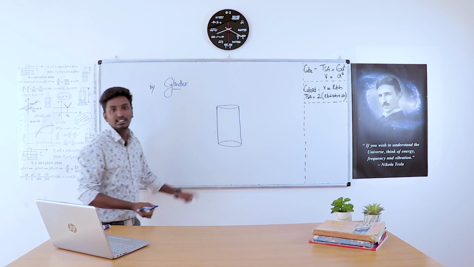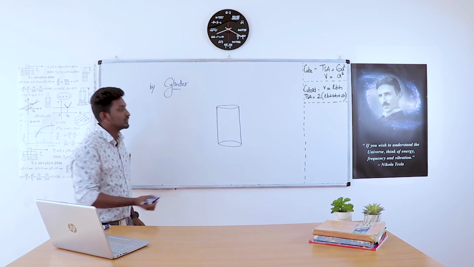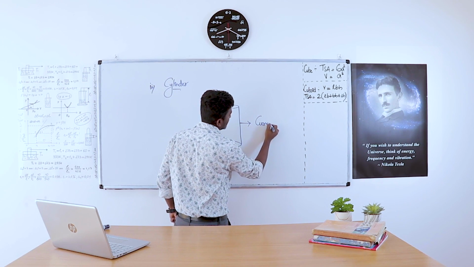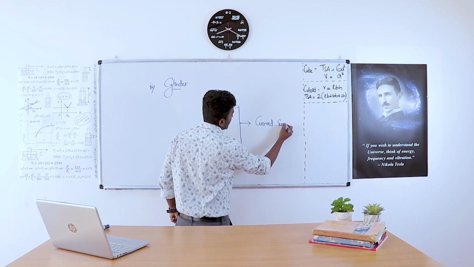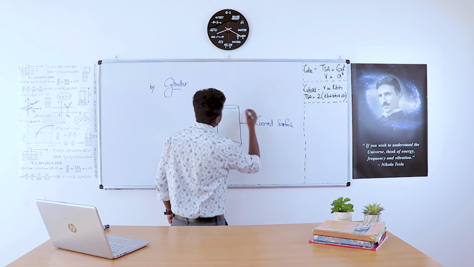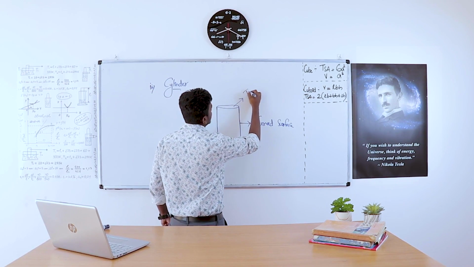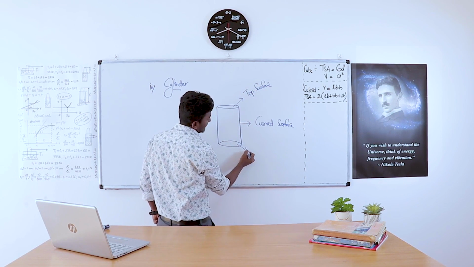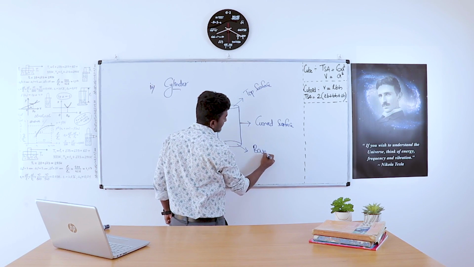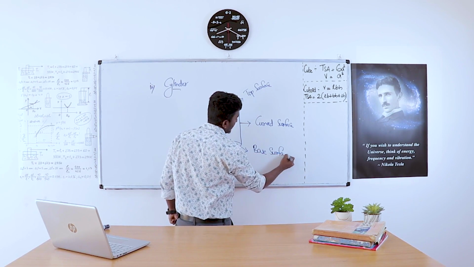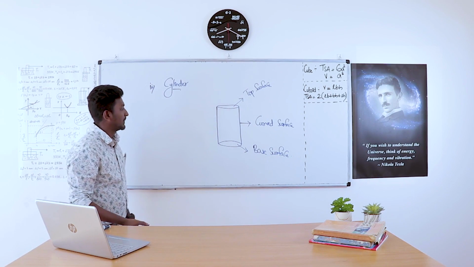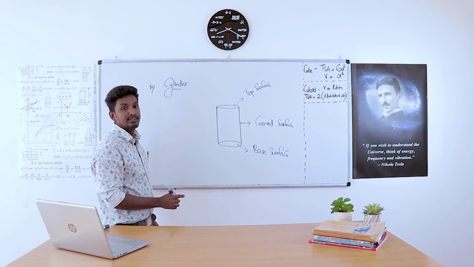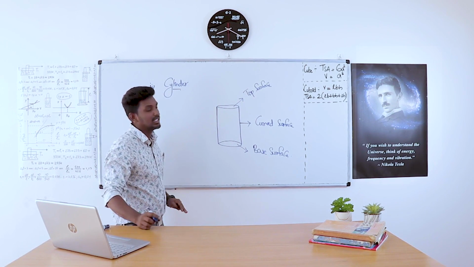Yeah, a cylinder will look like this. A cylinder has a curved surface. Here a top surface and here a base surface. In top and base for a cylinder, we have circles.